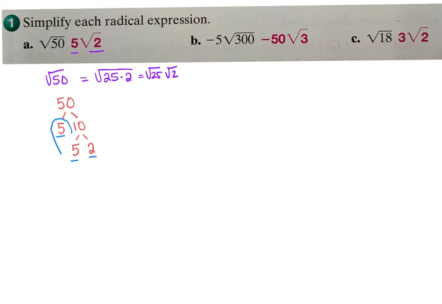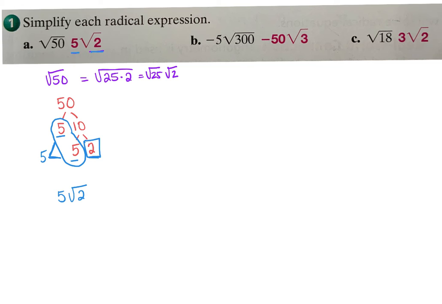And one way I like to say, if you remember, if it has a date, it comes out. If it is single, it stays in. And so in this case, we had a pair of 5s, so we take 1 5 out for every 2 that are in there. And then we have a 2 that does not have a pair. It stays in. 5 square root of 2, which is the right answer. All right, let's look at the next one.